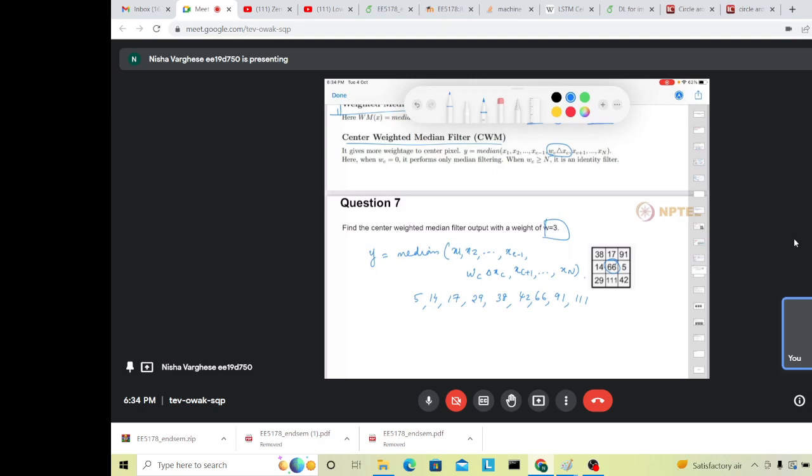If it is a simple median filter, what will be the output? This is the median of these values, right? 38 is the median. So that will be given to the center pixel. But if you are using a center weighted median filter with a weight of 3, you will repeat this 66, that is the center pixel, 3 times.